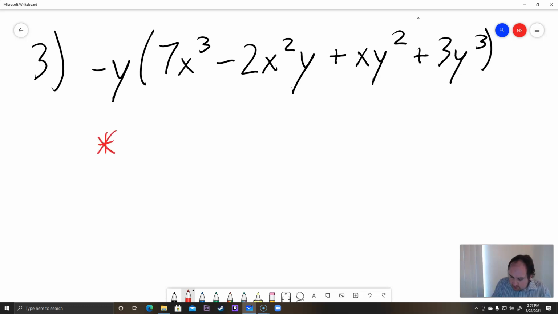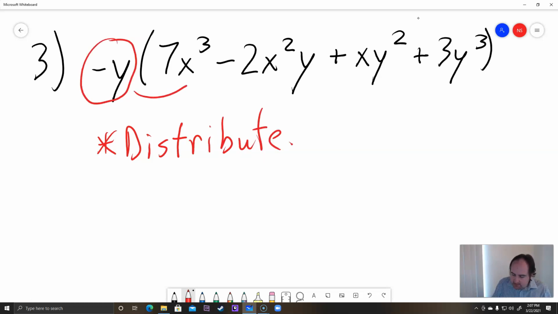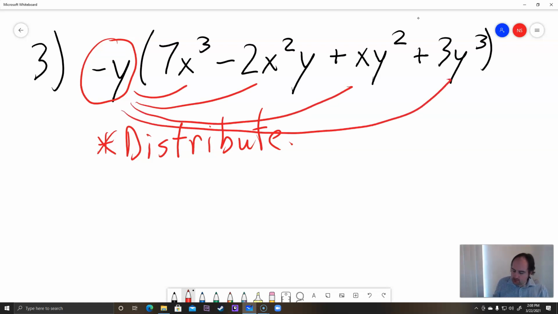So we're going to be distributing the negative y to every single term. So that's a total of 4 terms. And the terms are kind of complicated because they have 2 variables. All right, so let's see how that's going to work.